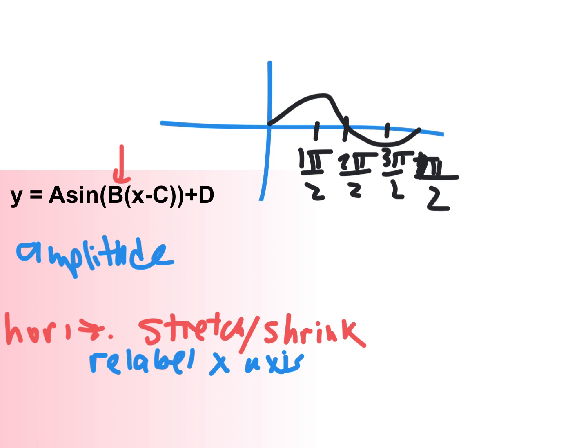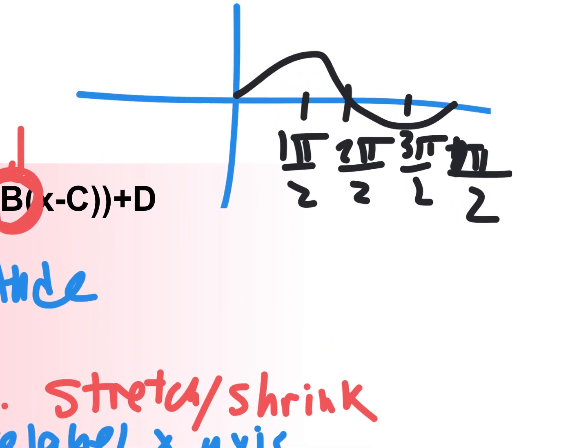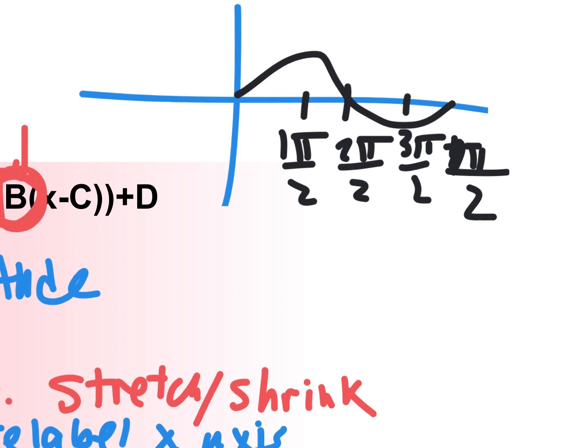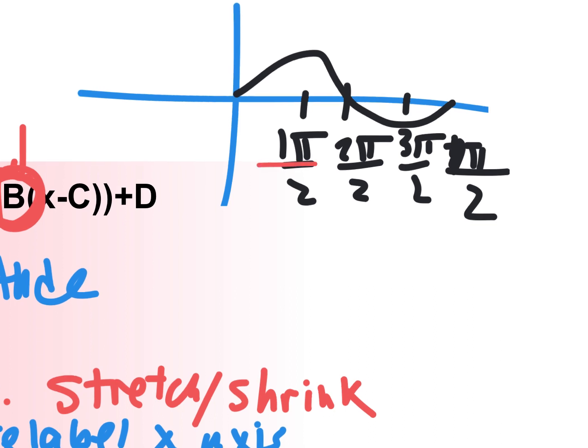If you put a number here, you would think you just multiply everything by that, but you don't. You divide everything by that. So if I put a 2 there, I'd put a 1/2 on everything. And that's the relabeling of the x-axis.